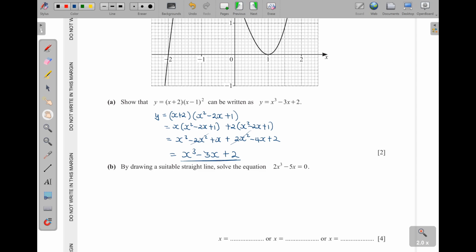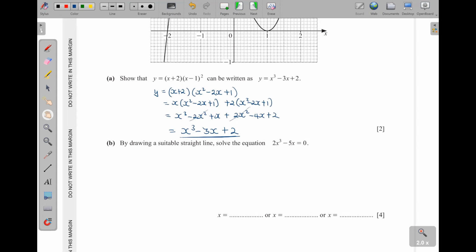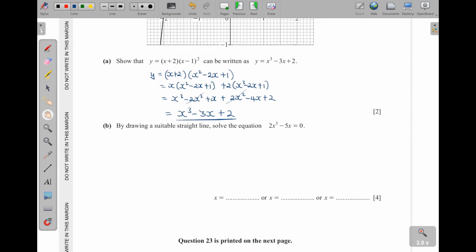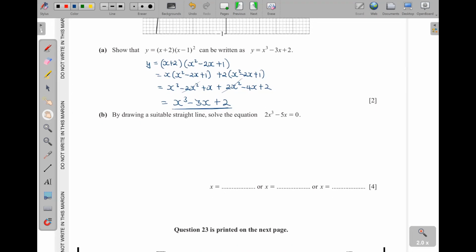And then next, by drawing a suitable straight line, solve this equation. So what we need to do is to manipulate this one to see that we get what we were given. Okay, now what we are going to do is to first get what we are given here, y, which is equal to x cubed minus 3x plus 2.